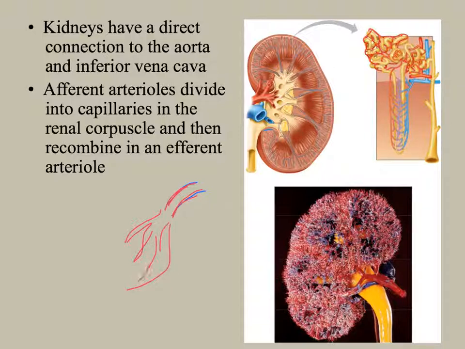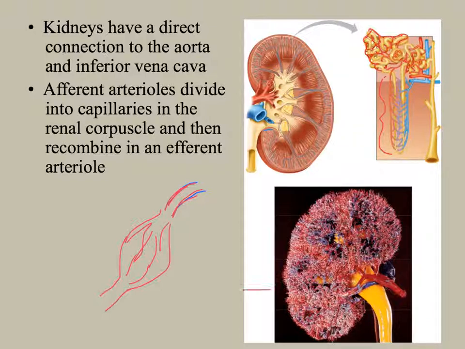And then those all are combining again into another arteriole. And then it keeps on going and becomes, as you see here, a peritubular capillary around the tubule of the nephron, and so then it can provide the nutrients needed for the various cells that are part of the tubule.